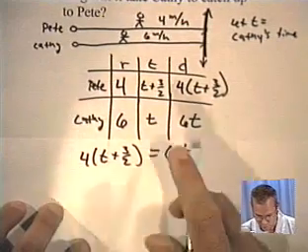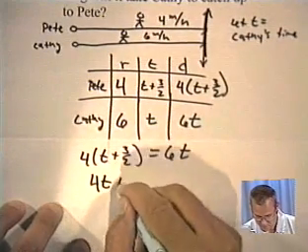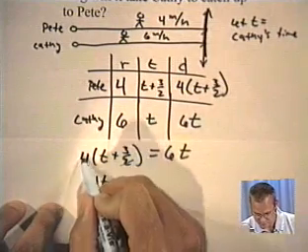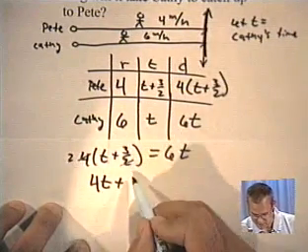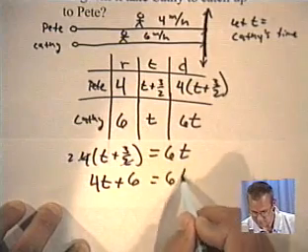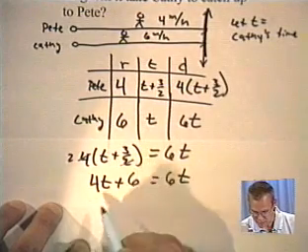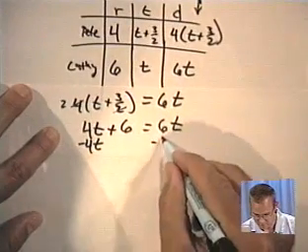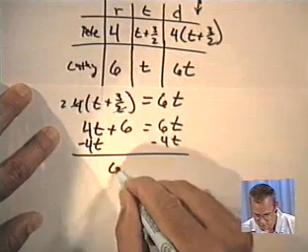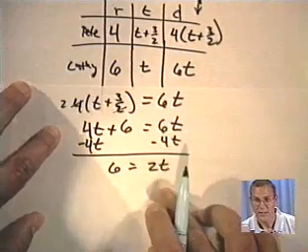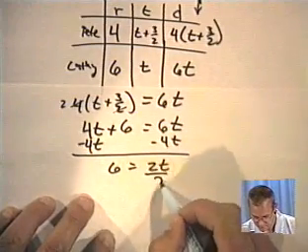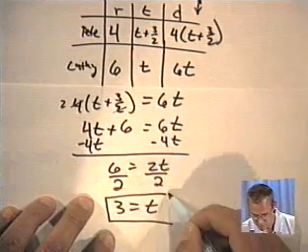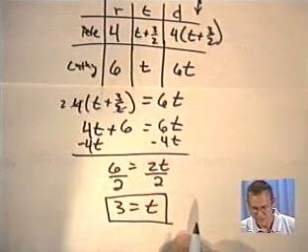Why don't we distribute the 4 through? Let's see, 4 times 3/2, I can cancel the 2, and that gives 6. I'll subtract my 4t from both sides. I have solved for t.